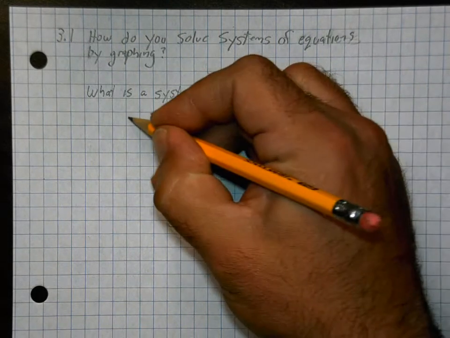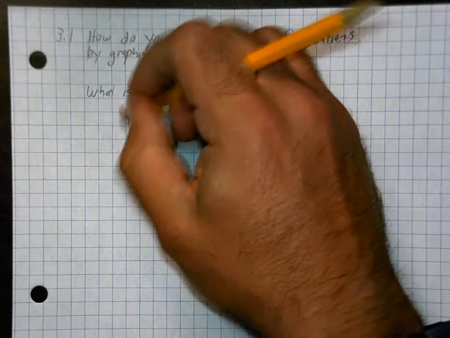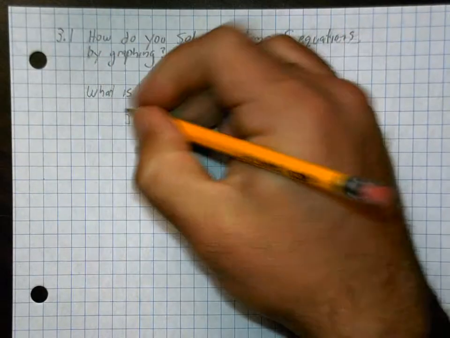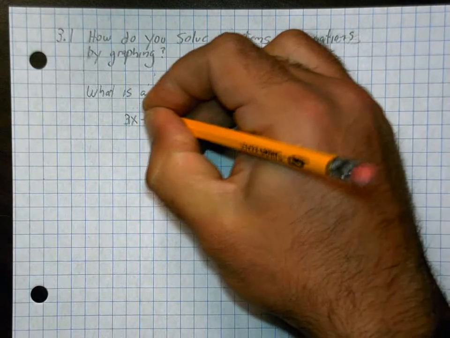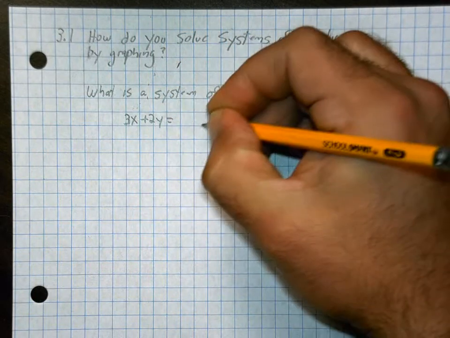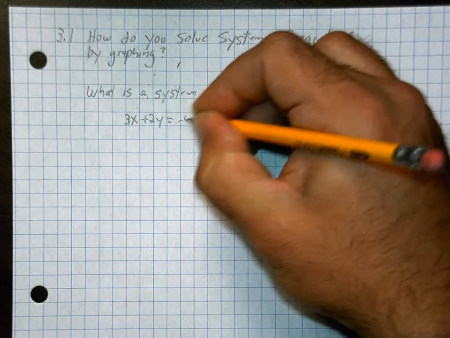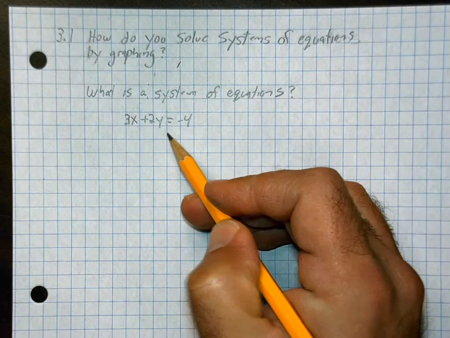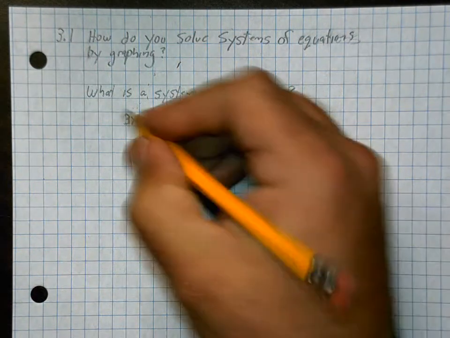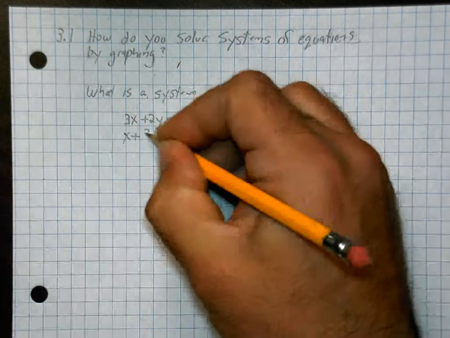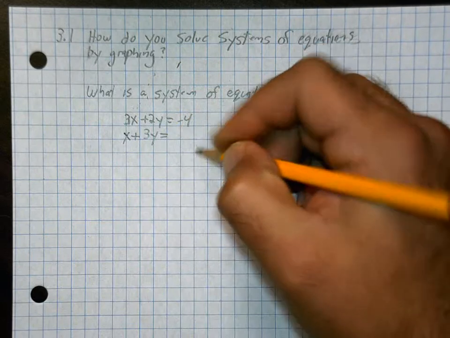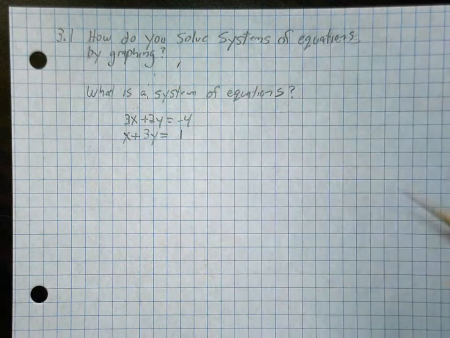So for example, I could have 3x plus 2y equals negative 4 as one equation, and x plus 3y equals 1 as another equation.